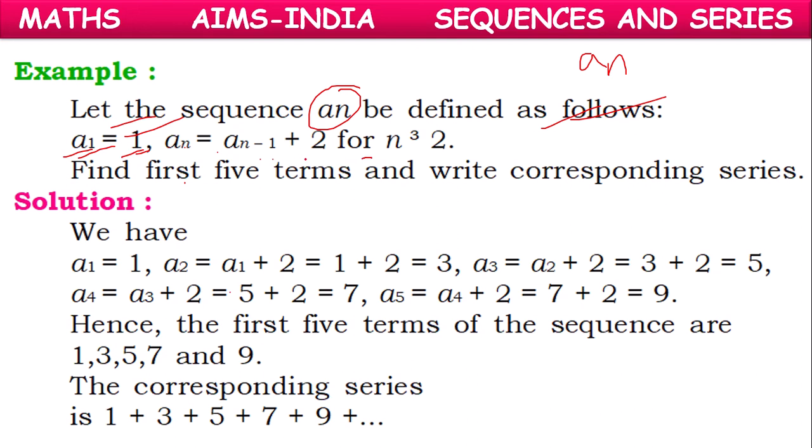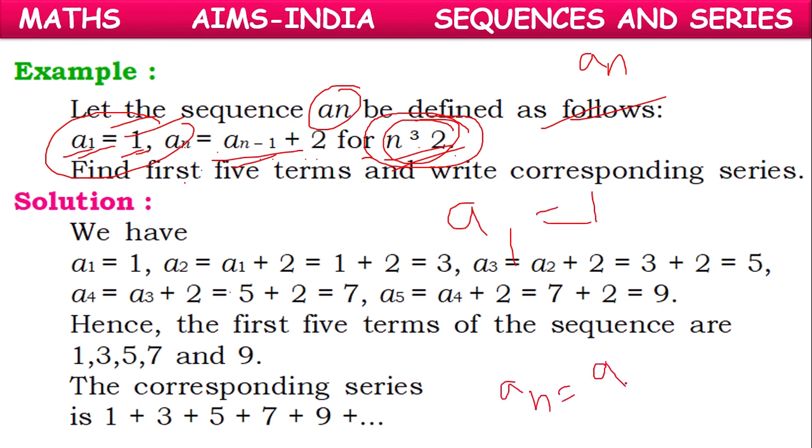Let's see what is given for N later. So we have A1, the first term, with value 1, and AN equal to AN minus 1 plus 2, which means any nth term can be obtained by adding 2 to its previous term.